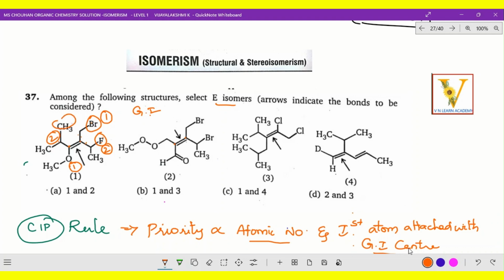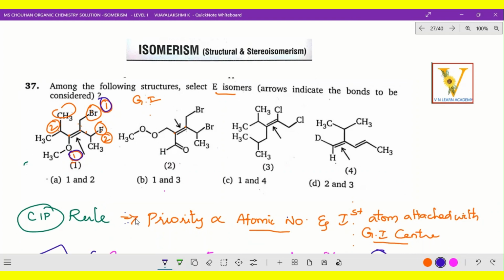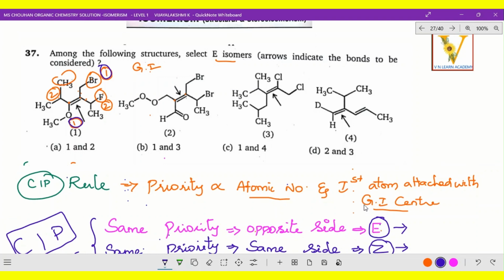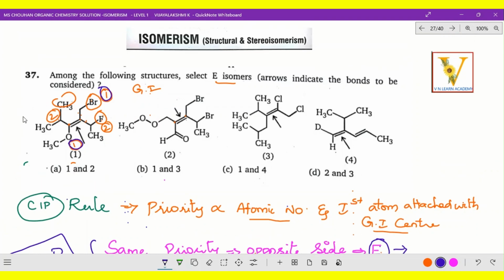Now just check it: opposite sides. Here I have given that idea, no? Here the same priority, this is first priority and this is also first priority. Same priority on opposite sides is called the E isomer. So the first compound is the E isomer.